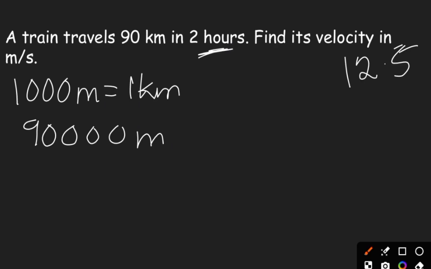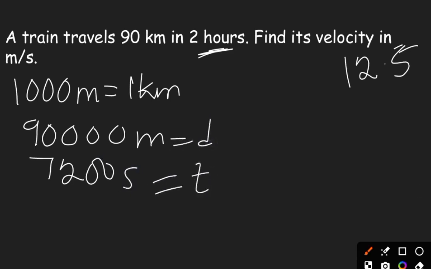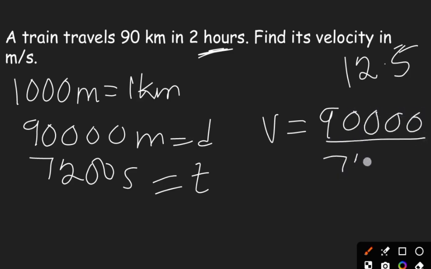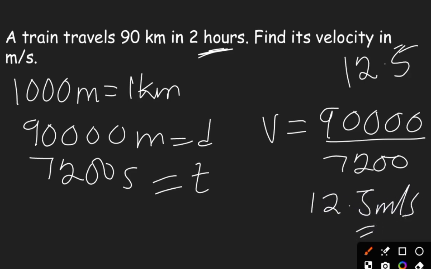So 2 times 3,600 will give us 7,200 seconds. So this is our distance, this is our time. So velocity equals 90,000 meters over 7,200. So 90,000 divided by 7,200. Still have the same 12.5. So that is it.